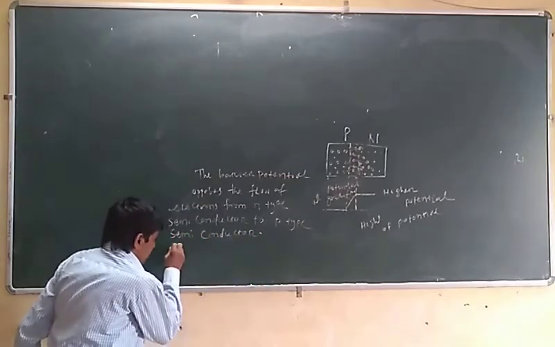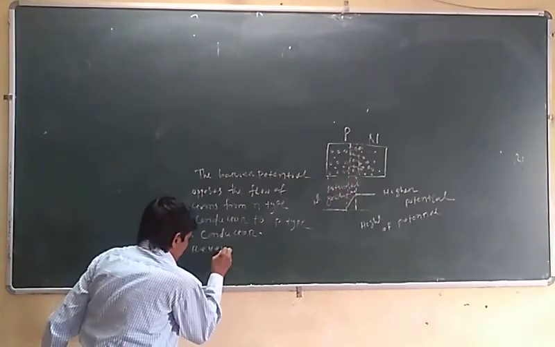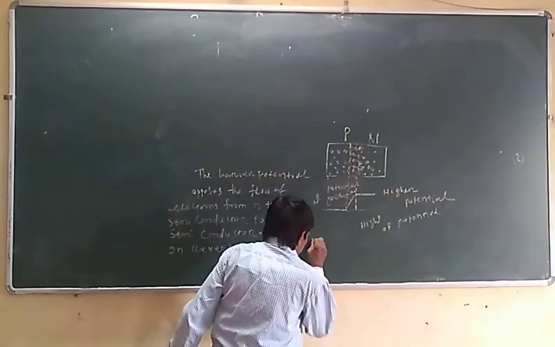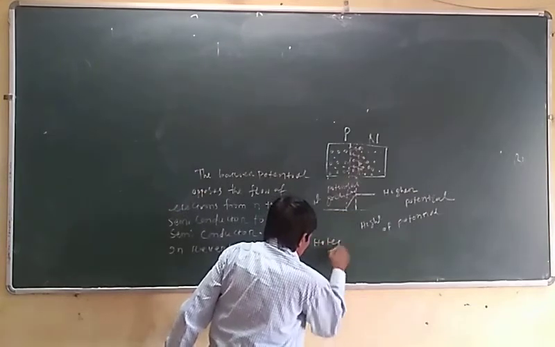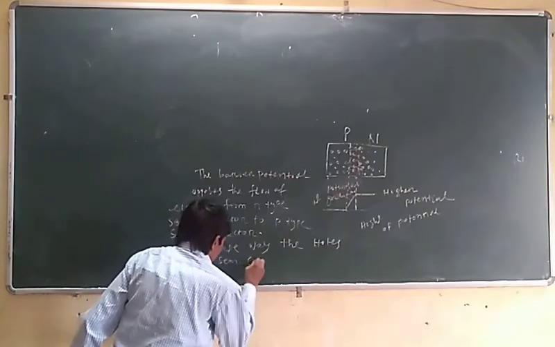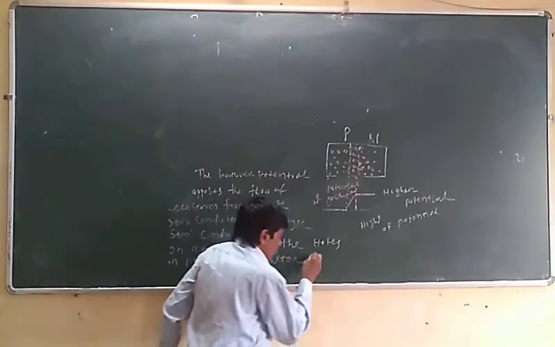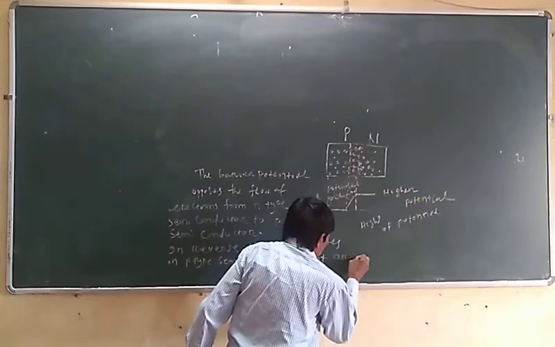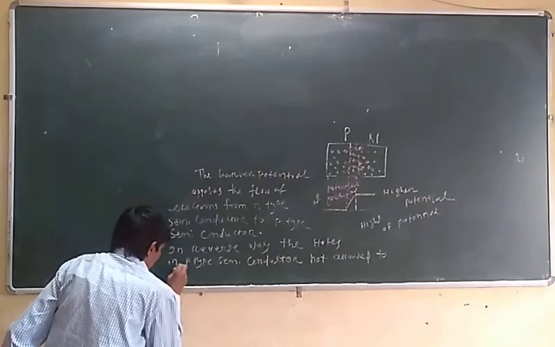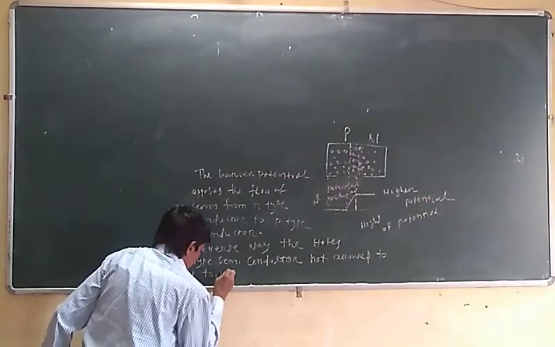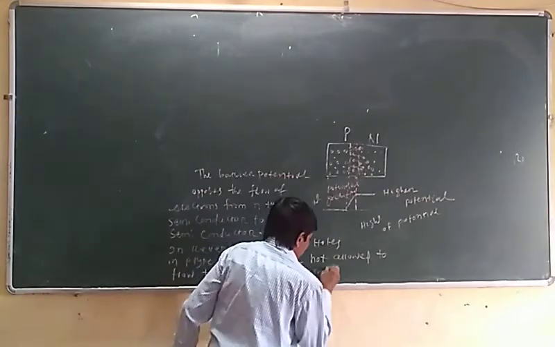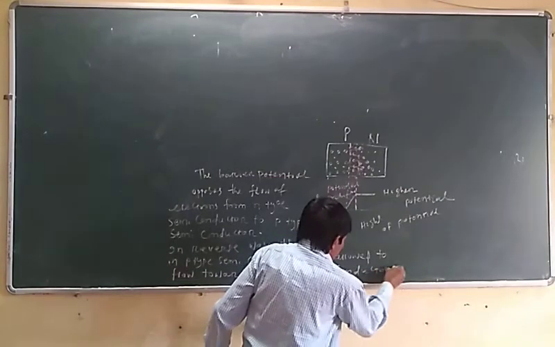In the reverse way, the positive charge particles, or the holes in the p-type semiconductor, are not allowed to flow towards the n-type semiconductor.